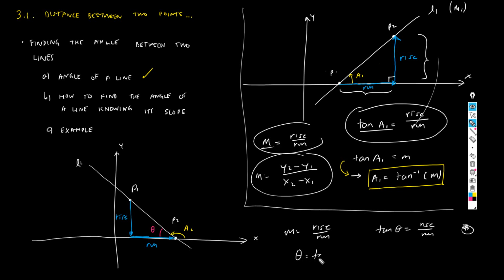Theta is going to be equal to the inverse tangent of the slope. Well, the absolute value of the slope. It goes without explanation. Remember, this is the absolute value of the slope. Just do it. Okay, just do it. Try to understand why though. And if you are really, really curious, I can make a bonus video for you.